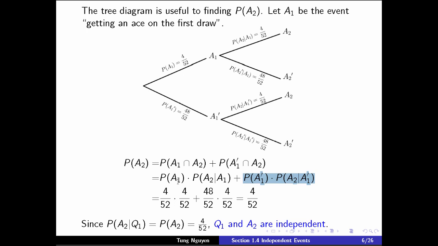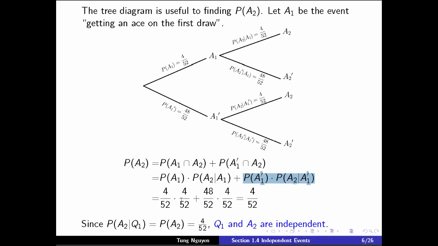So we just now plug in those values of those probabilities. So P(A1) is 4 over 52, P(A2 given A1) is 4 over 52, and the probability of A1 prime is 48 over 52, P(A2 given A1 prime) is 4 over 52.